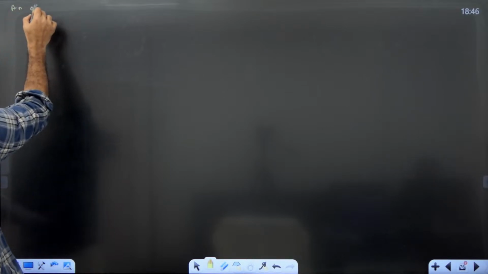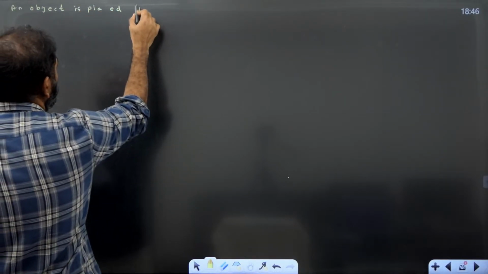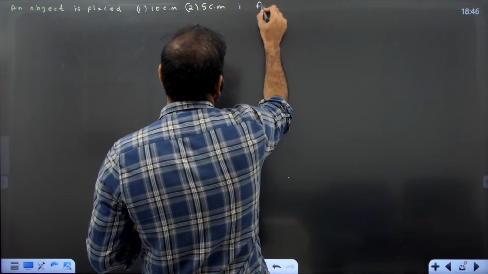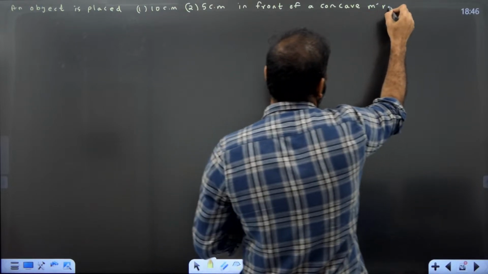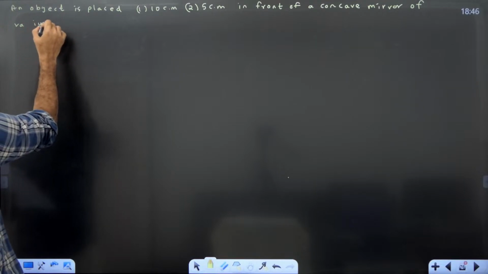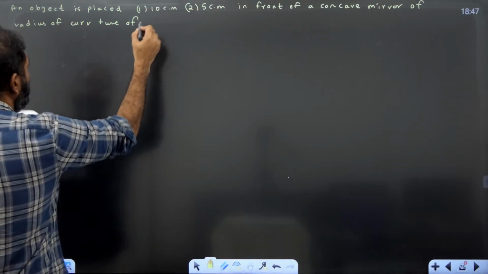Next, an NCERT problem. An object is placed 10 centimeter, first case, and second case 5 centimeter, in front of a concave mirror of radius of curvature 15 centimeter.